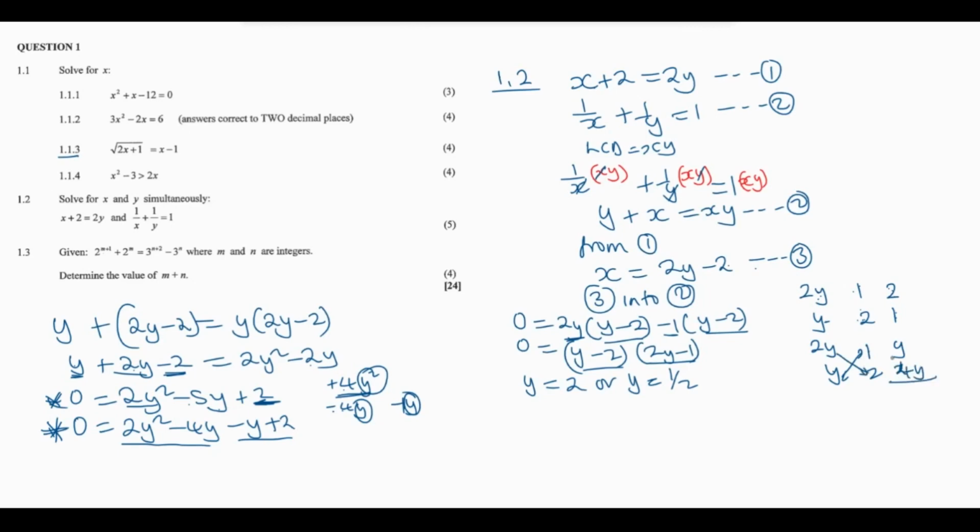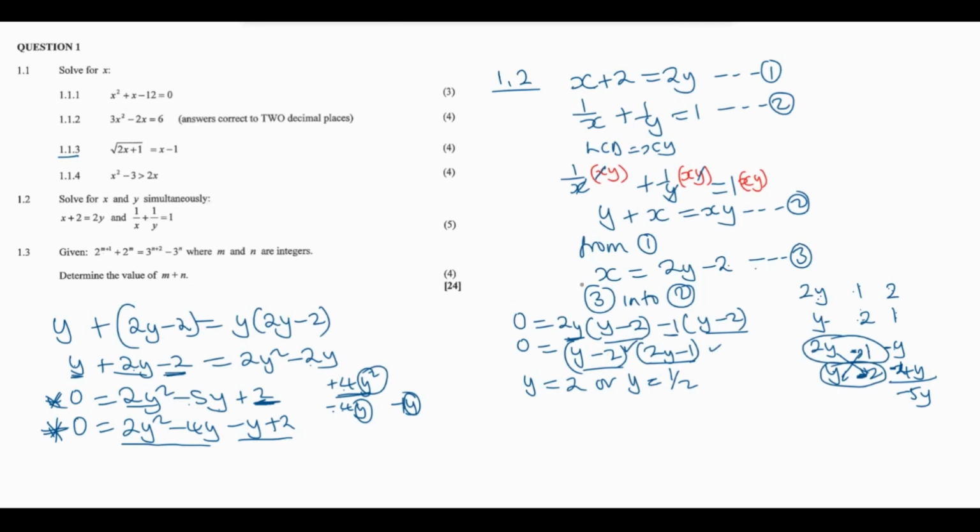And then we want to get negative 5. So it can be negative y, negative 4y, which is negative 5y. So now if it's negative, this must be negative, this must be negative. So that's why we have this bracket, 2y minus 1 and y minus 2, like that. Okay. Right, so now we have the values of y.